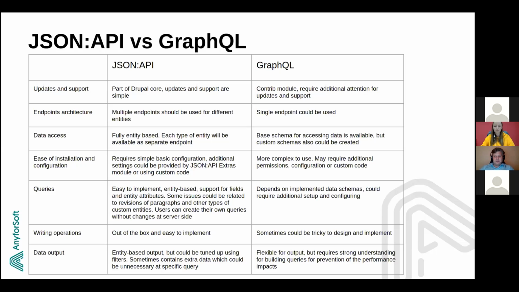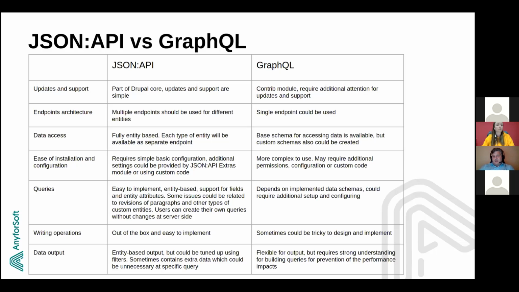It's more difficult anyway. For writing operations, JSON API has an out-of-the-box solution, and it's really easy to implement. For GraphQL, at the same time, it sometimes could be tricky to design and to implement, and as I said, it requires more effort from developers for implementation.